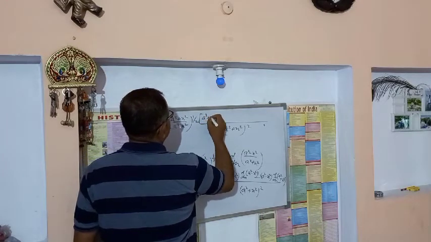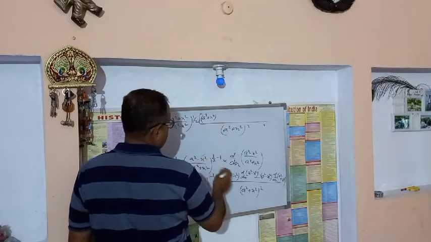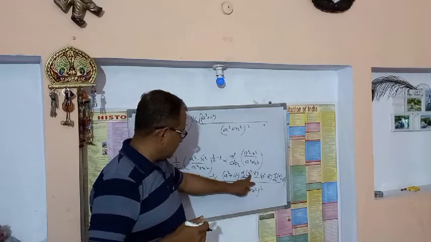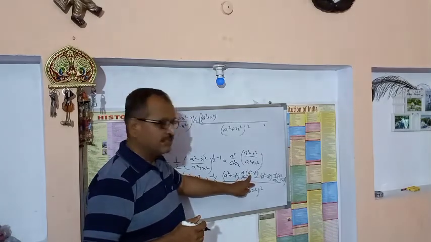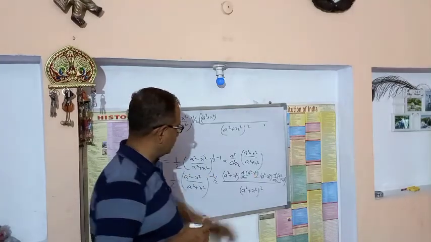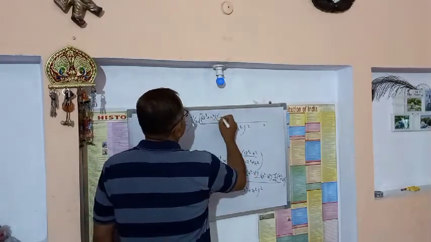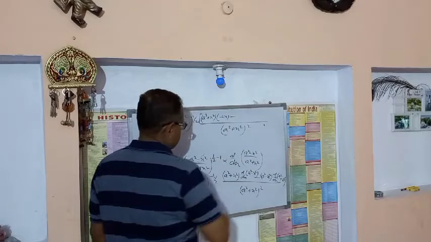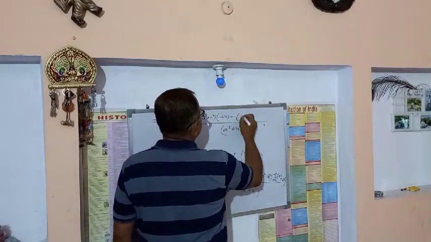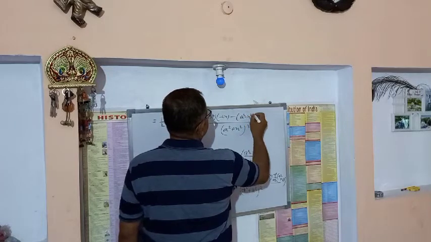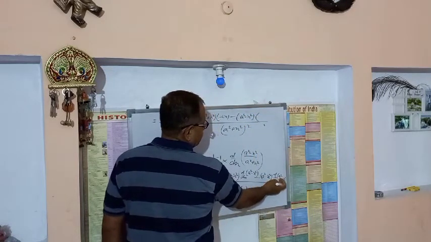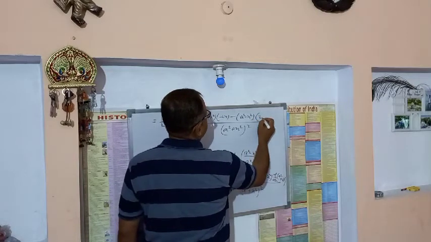Right here a square plus x square, derivative of a square minus x square. A square is constant, so its differentiation will be 0. And x square derivative is 2x, so minus 2x. Minus a square minus x square into a square derivative is 0, x square is 2x.